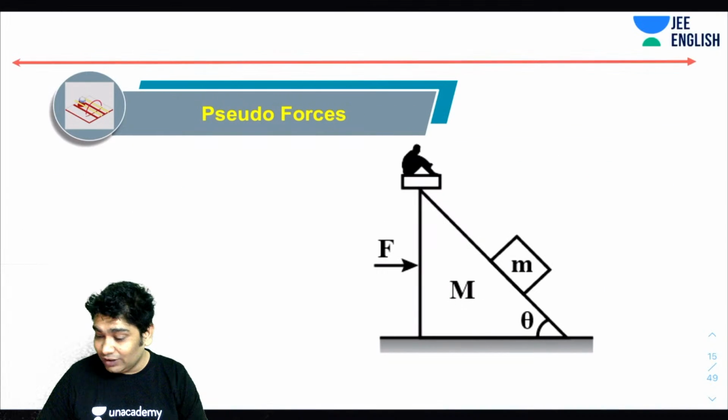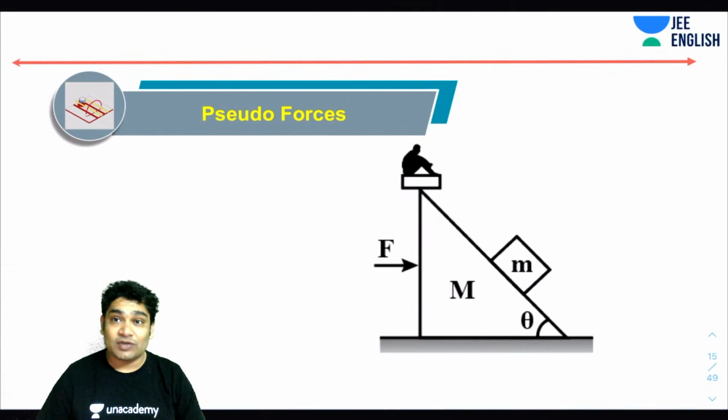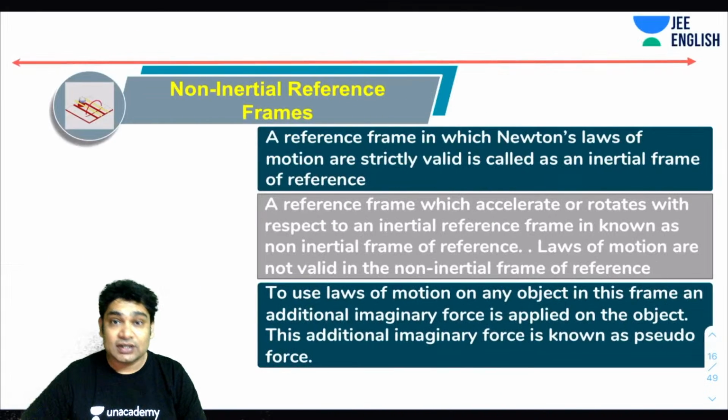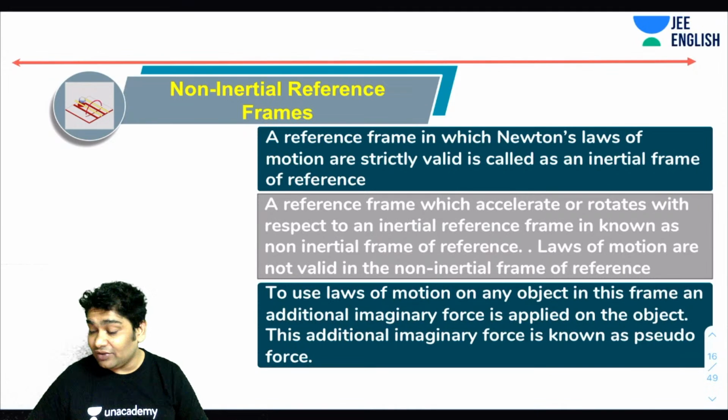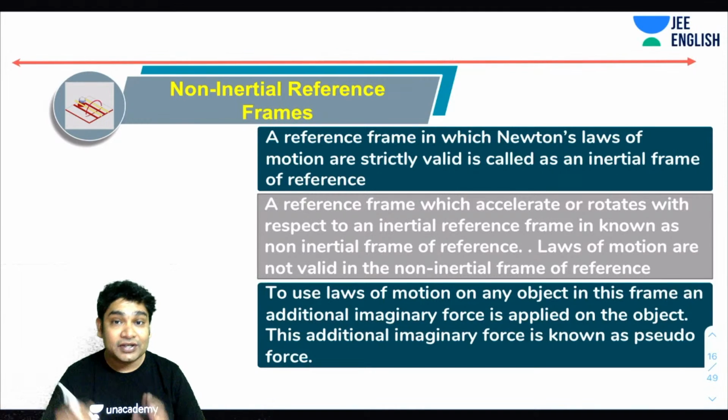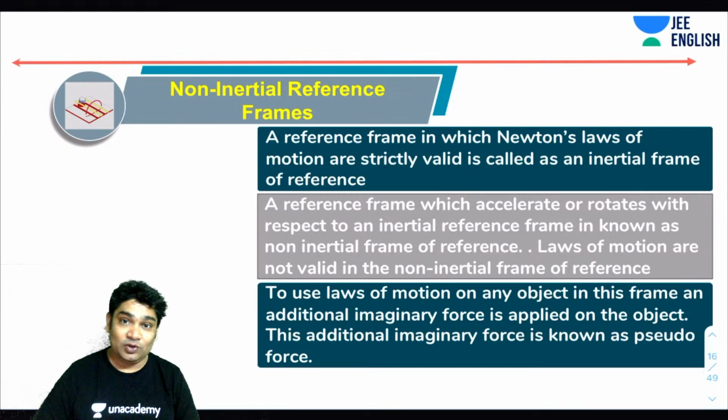All right. So moving forward, now we will talk about pseudo forces quickly. So what are pseudo forces? So as we had learned initially, there are two categories in which we divided our reference frames: inertial and non-inertial, right? So inertial reference frames were those where the law of inertia holds true, where without a force you cannot see an acceleration. Okay, so that is what an inertial reference frame is called.